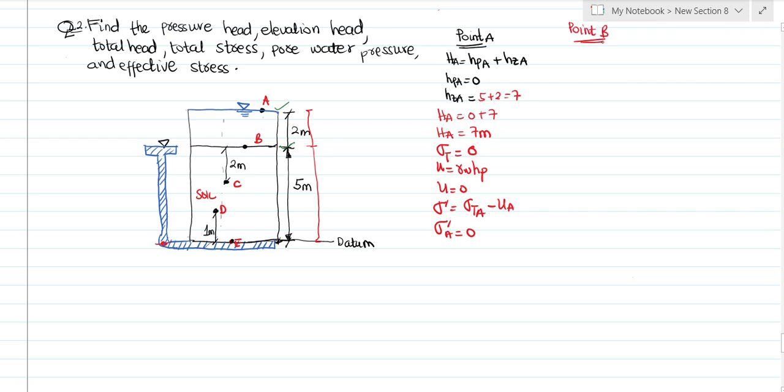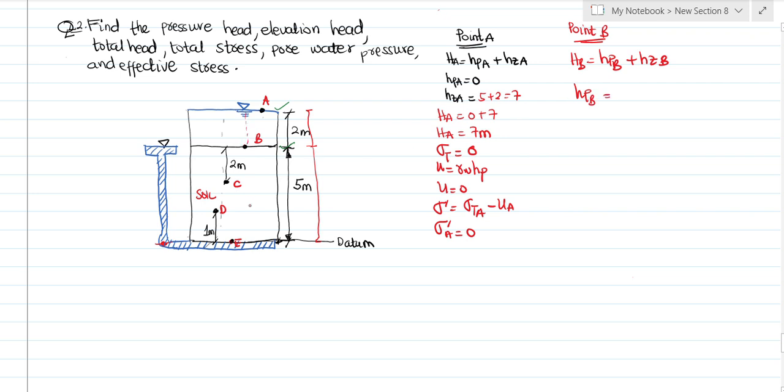Now let's go to point B. At point B, we need to find the total head, which is equal to the pressure head at B plus the elevation head at B. The pressure head at B is the column of water above it.